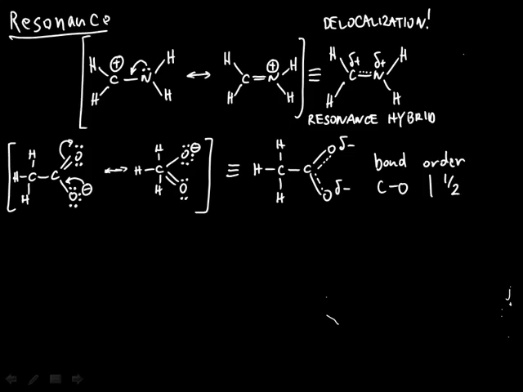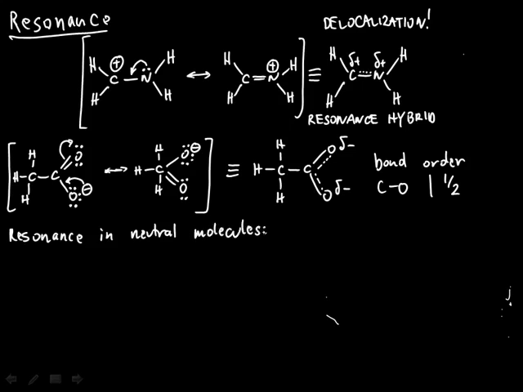Okay? Now both of the molecules that I drew so far are charged, and resonance is often encountered in neutral molecules, but even in neutral molecules you can sometimes see parts of the molecule being positively or negatively charged.